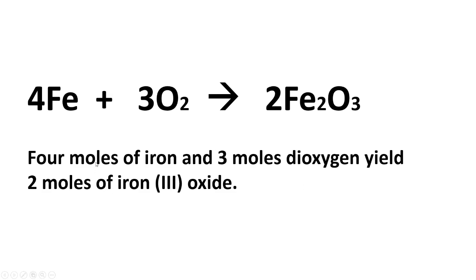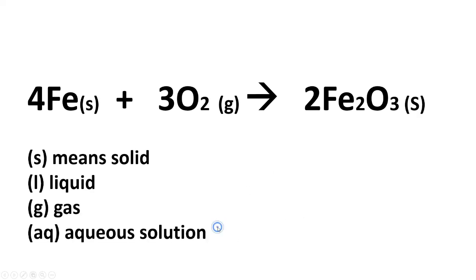Pay attention to this because I'm going to be asking you to interpret equations like this in written form. So this would be read as 4 moles of iron and 3 moles of dioxygen yield 2 moles of iron 3 oxide. I hope you remember what these Roman numerals mean. That is the oxidation number of iron. It's not the number of iron because we have 2 irons here, and times 2 is 4. But this is the oxidation number of that particular iron.